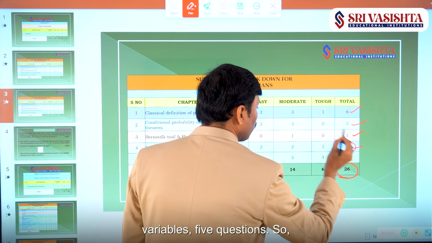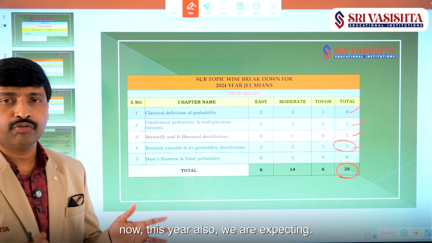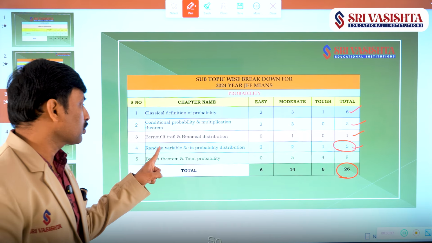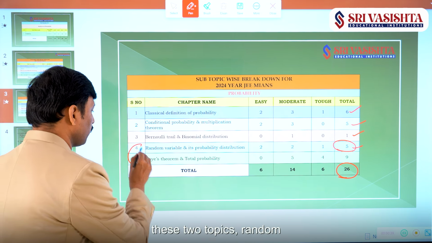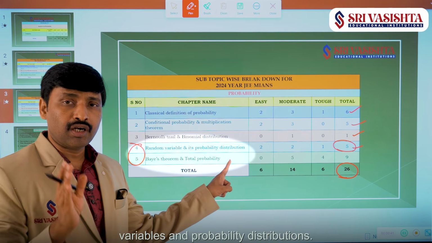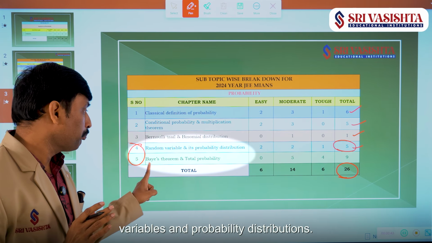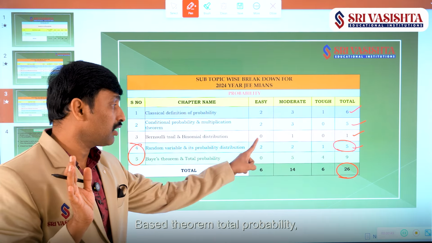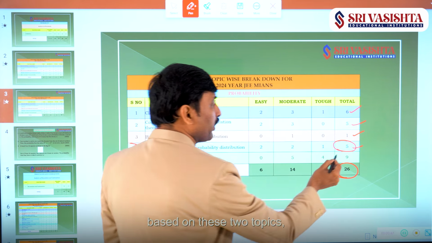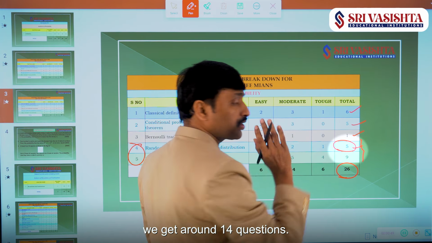This year we are also expecting these 2 topics, random variables and probability distributions, and Bayes theorem with total probability. Based on these we get around 14 questions.